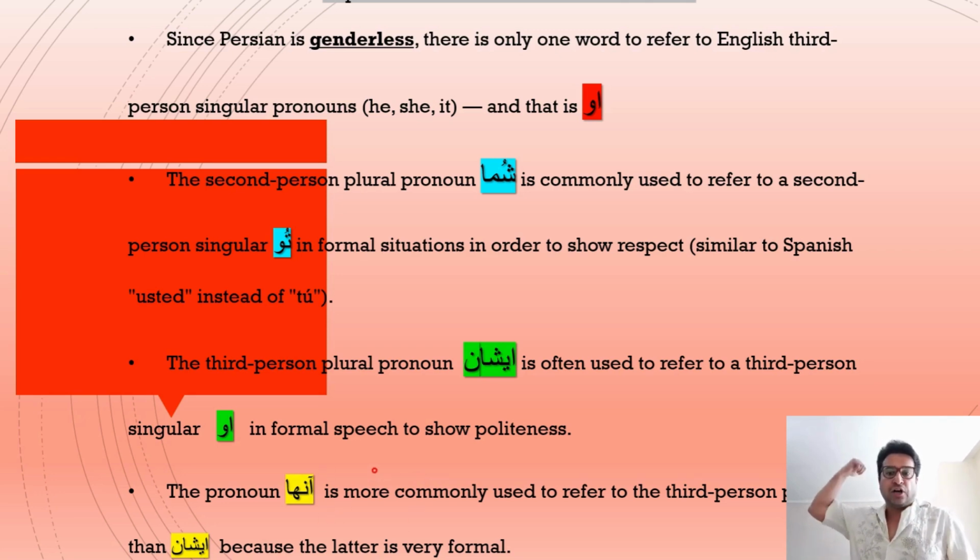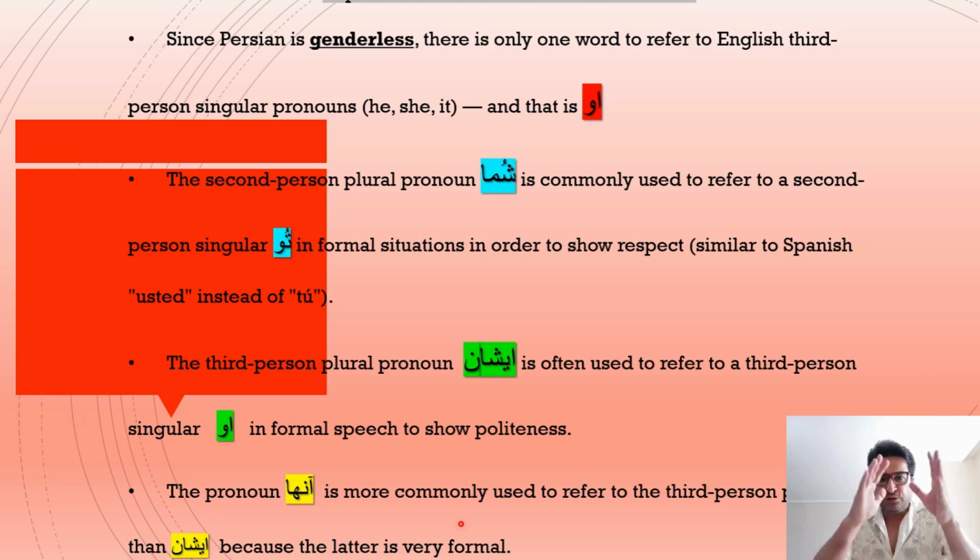In colloquial, spoken language, آنها is more common than saying ishān. Okay, آنها در مورد سیاست صحبت می‌کردند. ایشان در مورد سیاست صحبت می‌کردند. They were talking about politics. These days we usually say آنها in the plural form, not ishān.